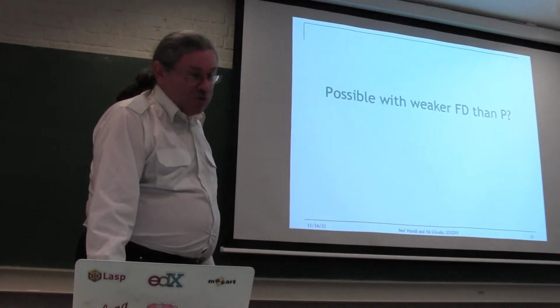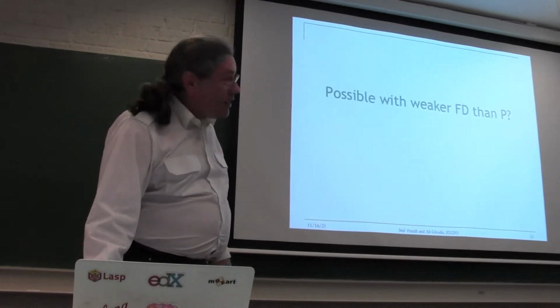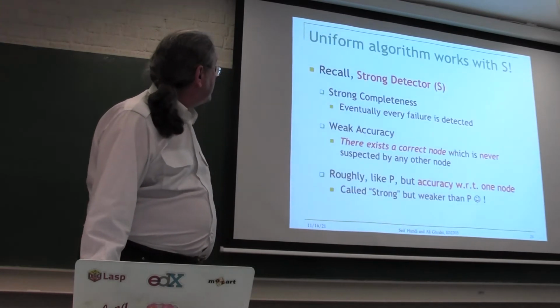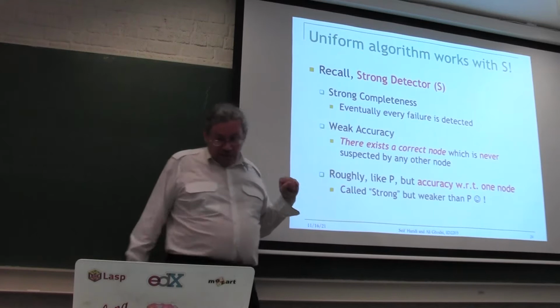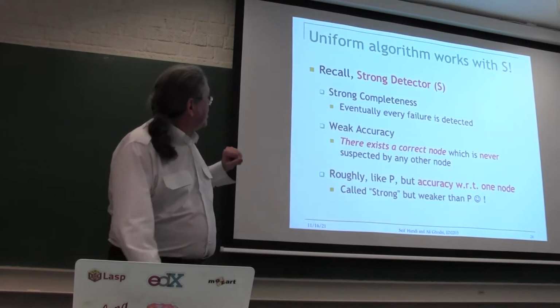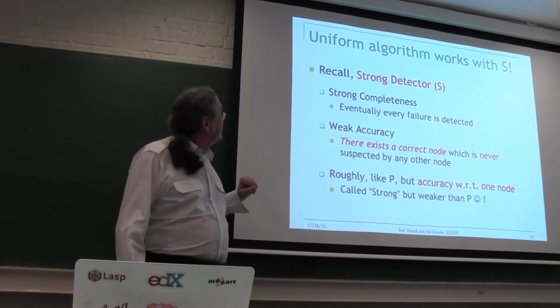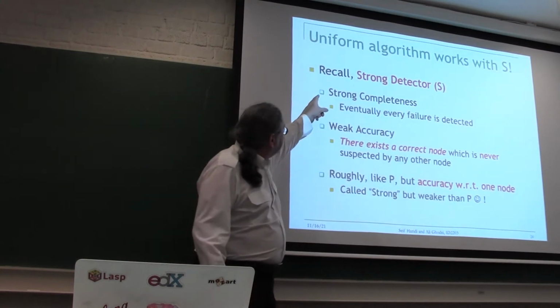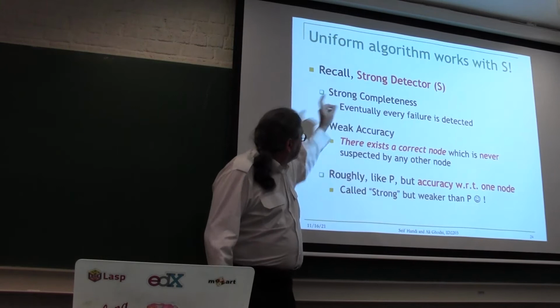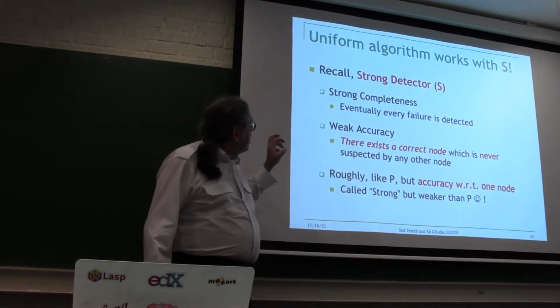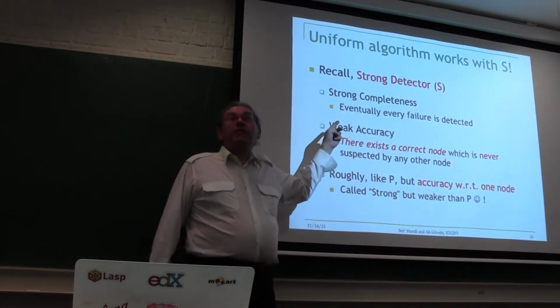So the point is we want to go to a weaker failure detector than P. We're going to look at the strong detector now. Strong is a funny name because it's weaker than P. So what is the strong detector? It's strongly complete, just like P. So it will detect every failure, but it can make mistakes.